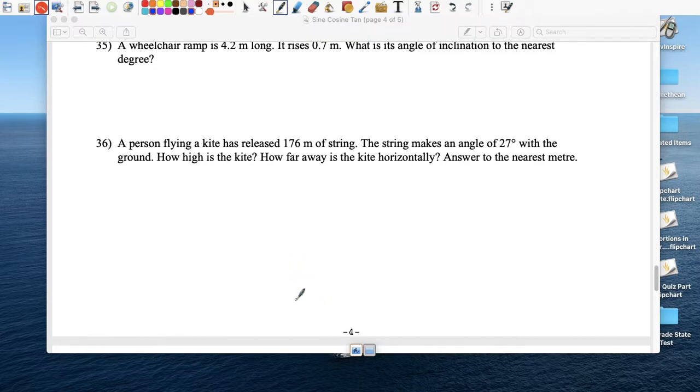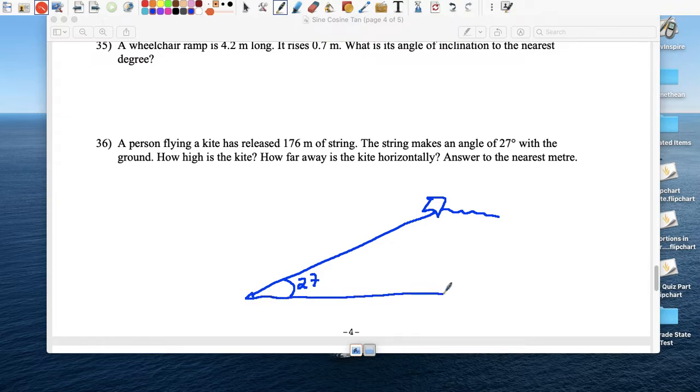A person flying a kite has released 176 meters of string. So here's the kite. The string makes an angle of 27 degrees with the ground. That's 27 degrees. This has to be 176 meters because that's the string.